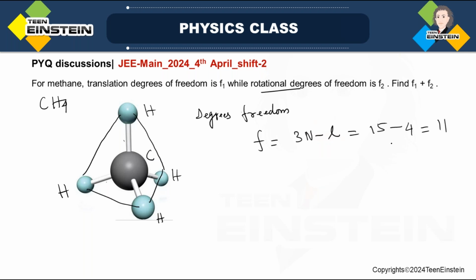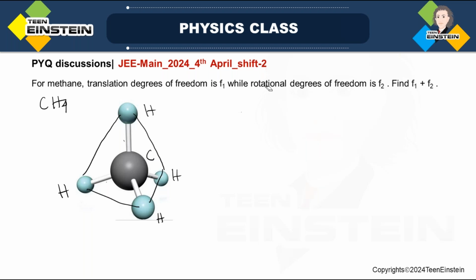But this is total degrees of freedom, you know. In this, there will be translation, there will be rotation, there will be vibrational also. Okay. So here we will not go with this formula blindly. We'll see what are the informations given in the question.